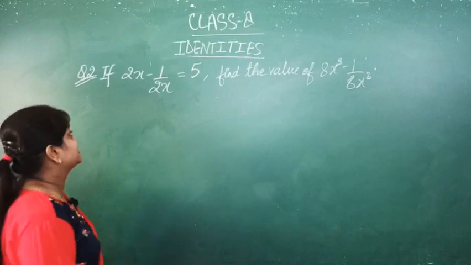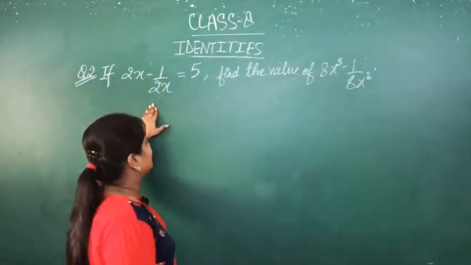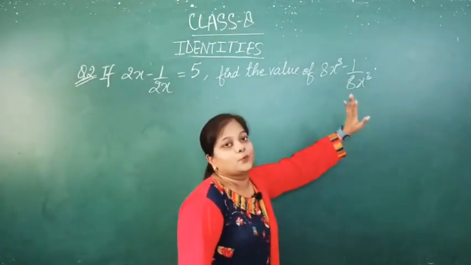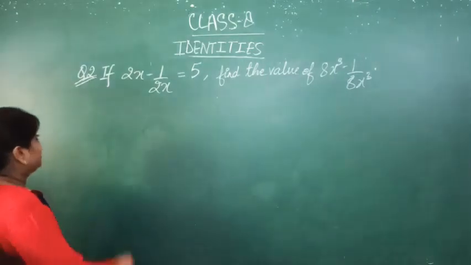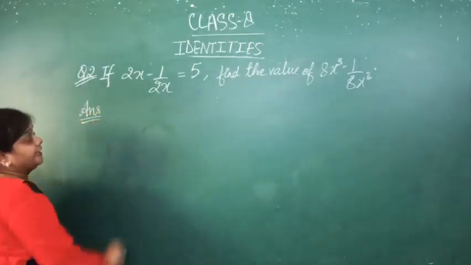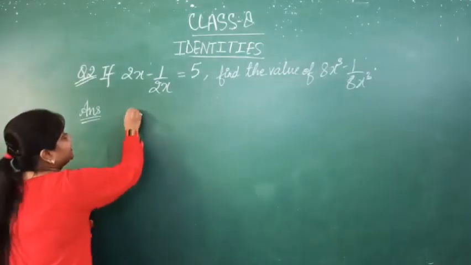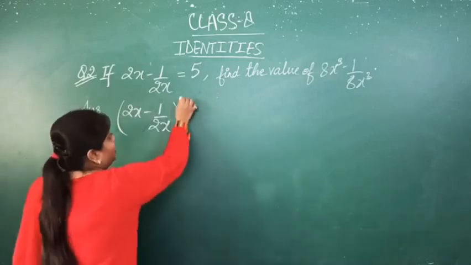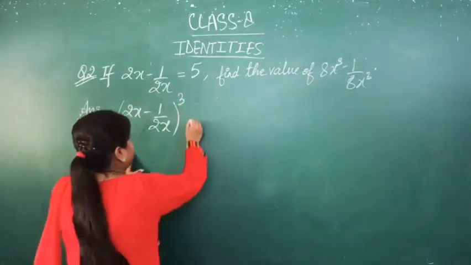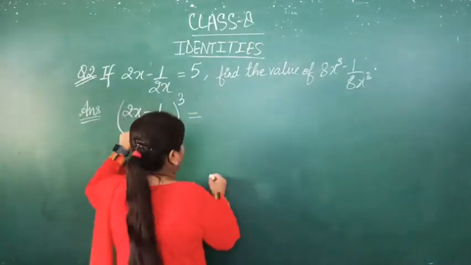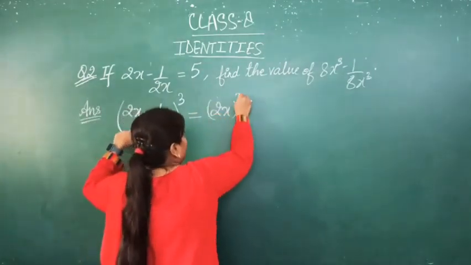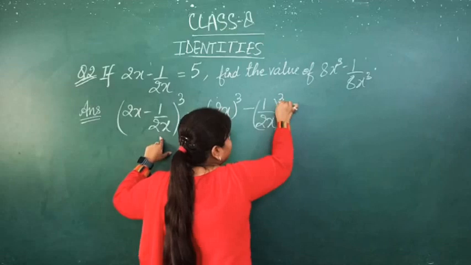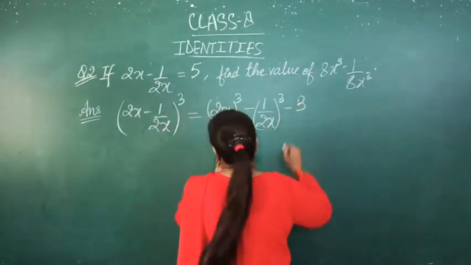Our next question is, if 2x minus 1 upon 2x is equal to 5, find the value of 8x cube minus 1 upon 8x cube. For this, using our fifth identity, we can write it as 2x minus 1 upon 2x whole cube is equal to a cube, that is 2x cube, minus b cube, that is 1 upon 2x cube, minus 3ab.